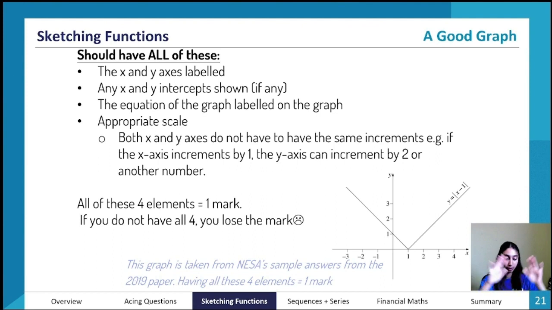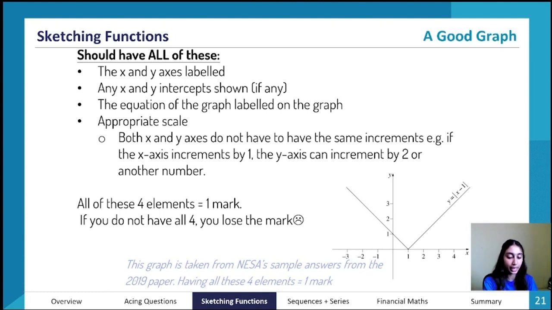They include the labeling of the x and y axes as well as the origin. The intercepts, if there are any, should also be shown. The equation of the graph should also be labeled as seen over here. And we need an appropriate scale. That doesn't necessarily mean that your x and your y need to be the same, but your x needs to be uniform, and the y also needs to be uniform.